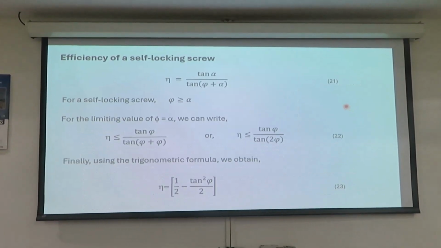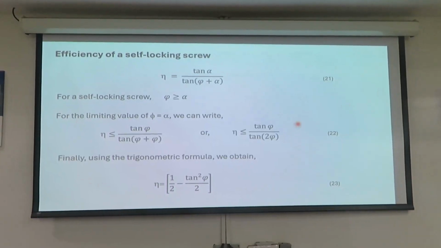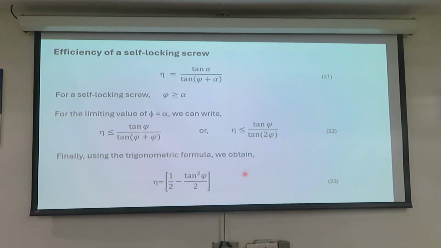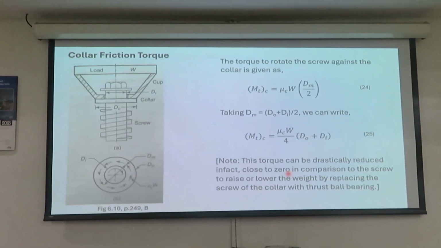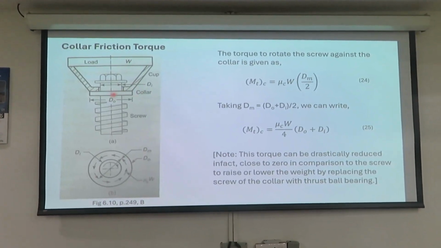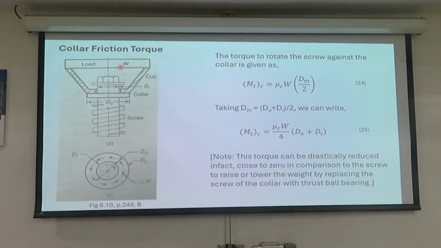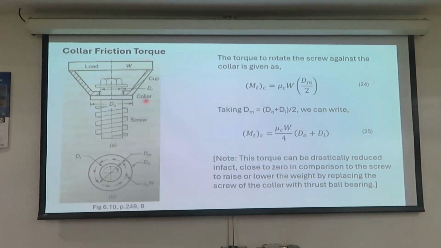Efficiency of a self-locking screw. Again, you can go through this analysis to see what the efficiency of the self-locking screw is. Now, collar friction. If there is a collar here, obviously the collar should not rotate along with your screw, so there will be friction here.